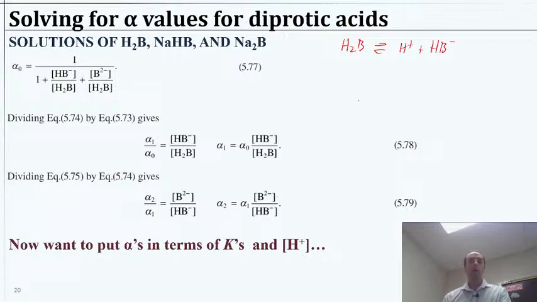So whenever we have K, it's a function of H plus and ratios of the other species.